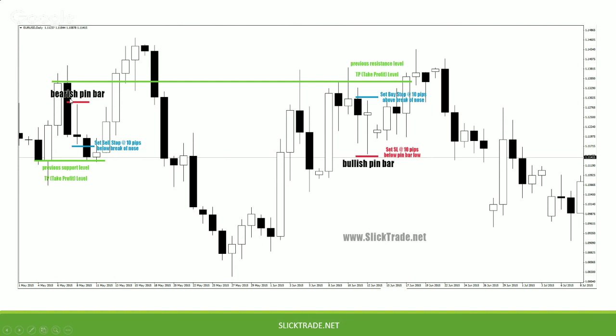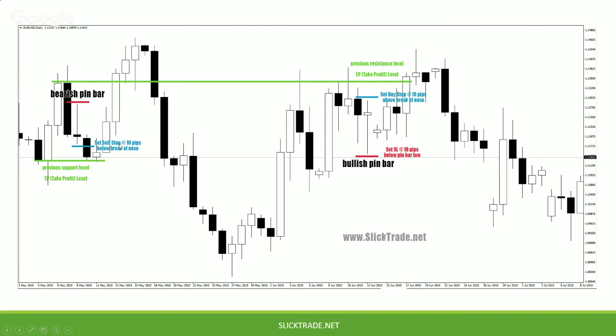So now what we want to look at is, you're going to set a sell stop, because we're selling. This is a bearish pin bar.